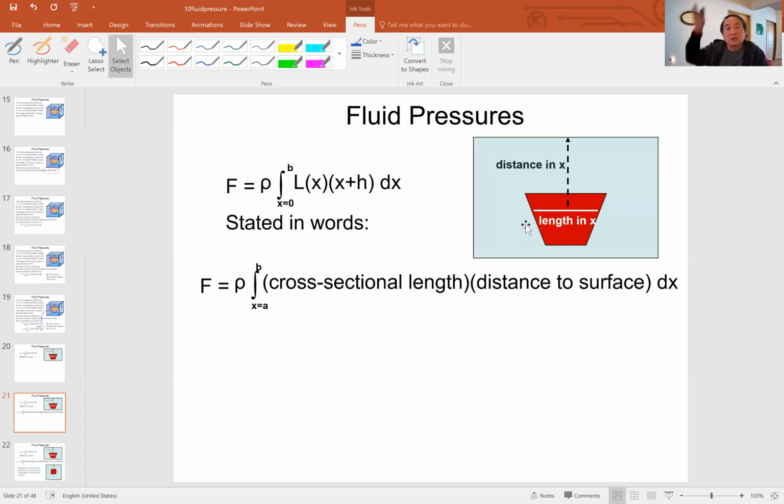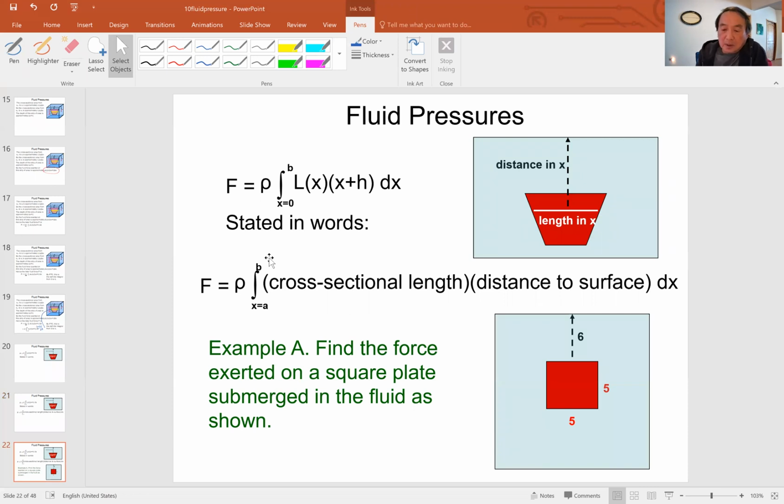In general it depends on how you set the x-axis, and this is the formula for the force on the plate submerged vertically. This x from a to b depends on whether you put the x-axis pointing up, pointing down, starting from the bottom, or wherever is convenient.